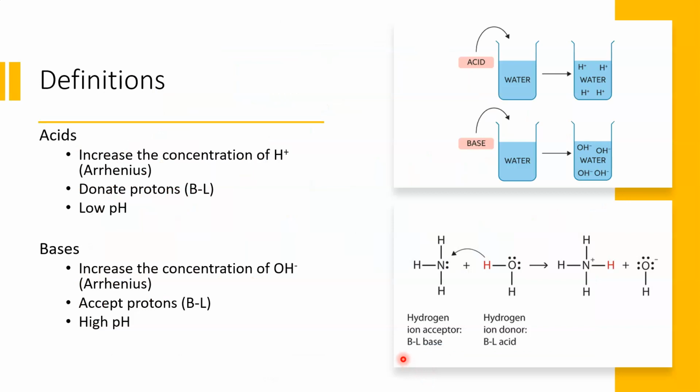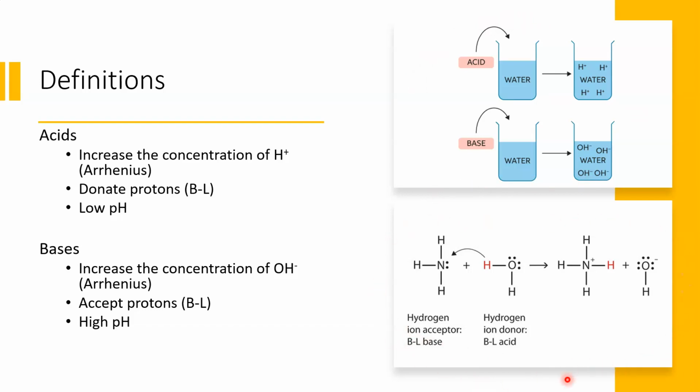So our definitions of acids and bases can vary depending on which school of thought you're talking about. So over here, this is the Arrhenius definition, and this down here is the Bronsted-Lowry definition.